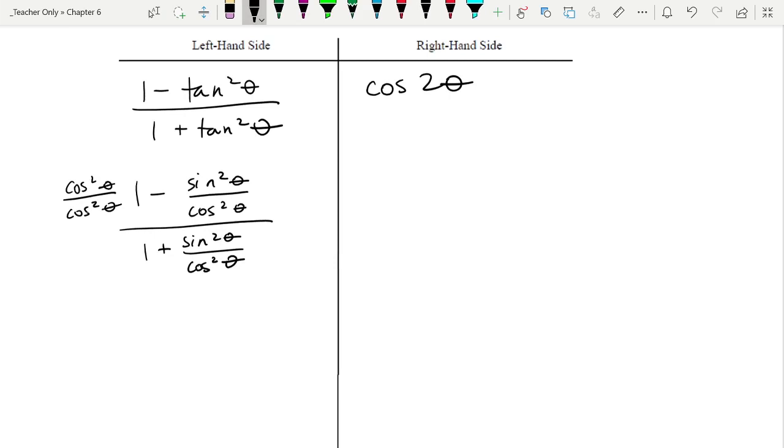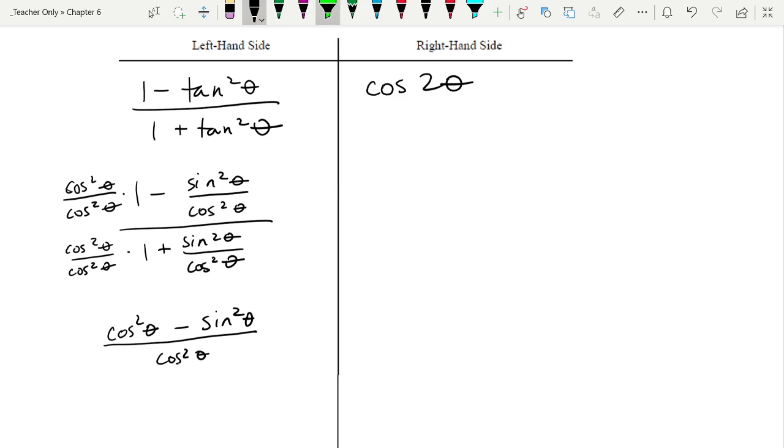Right? I'm going to times this 1 by 1. It's just that my 1 is going to be this. And I'm going to times this 1 by 1, which is going to be the same thing. And now I'm going to have cos squared theta minus sine squared theta, right? Because when you times this by 1, you get that. All over cos squared theta, because it's a common denominator now.